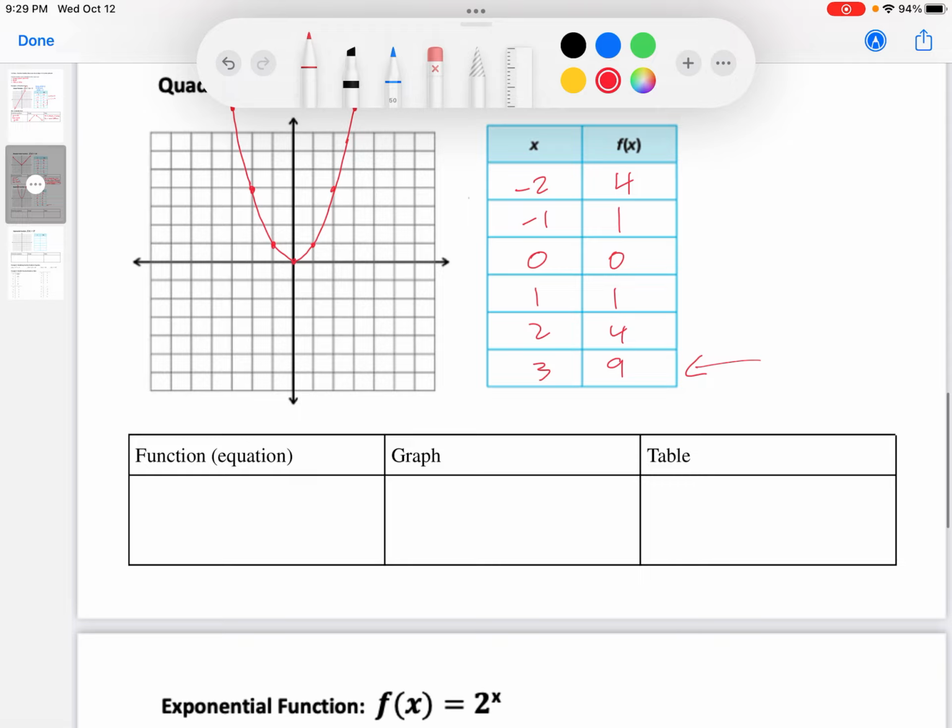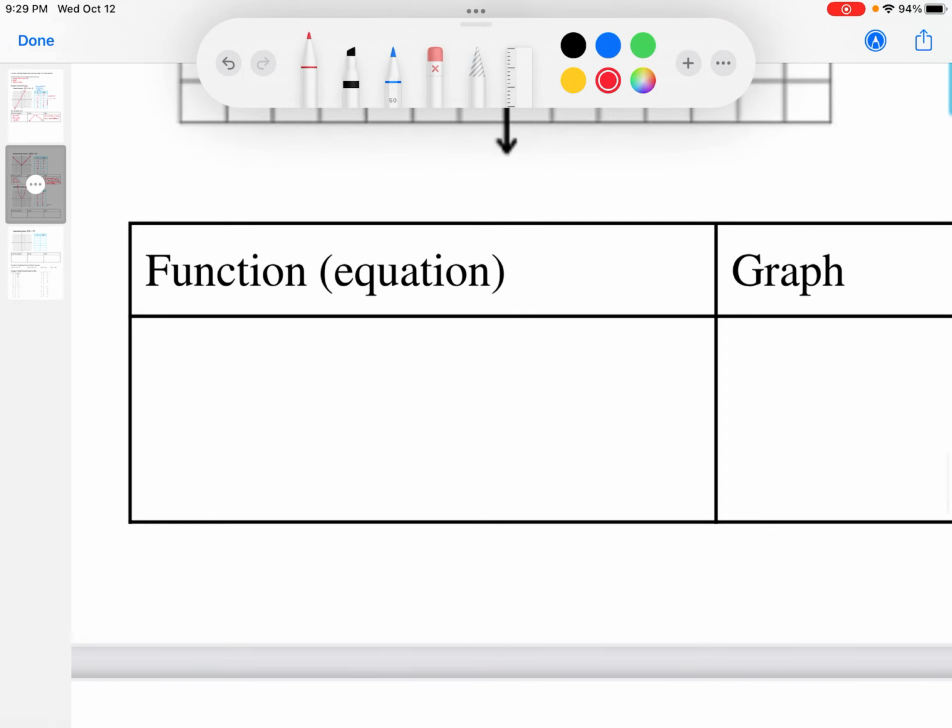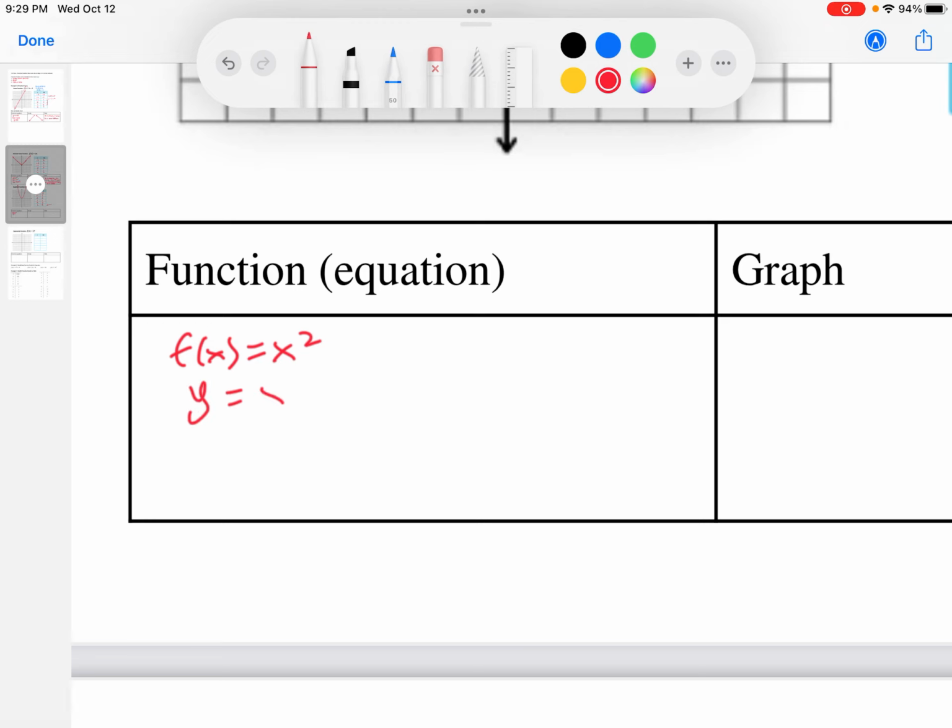From there, we're going to fill in these 3 boxes. So what would you be looking for equation-wise or function-wise for a quadratic function? Well, it's anything that looks like f of x equals x squared. It could be y equals x squared. It could be f of x equals ax squared plus bx plus c.